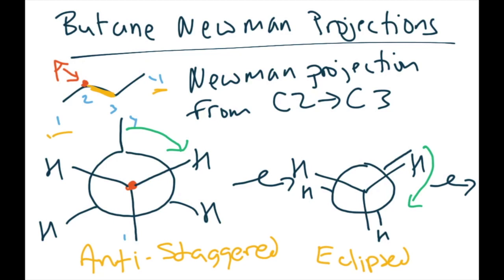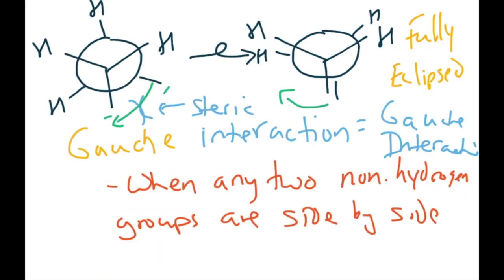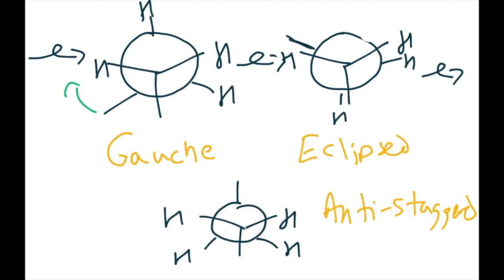I went from anti-staggered to eclipsed. I moved that methyl group a sixth of a turn to get to the eclipsed, a sixth of a turn to get to a gauche, a sixth of a turn to get to fully eclipsed, a sixth of a turn to get back to gauche, and a sixth of a turn to get back to eclipsed. And then that last turn gets me back to anti-staggered.